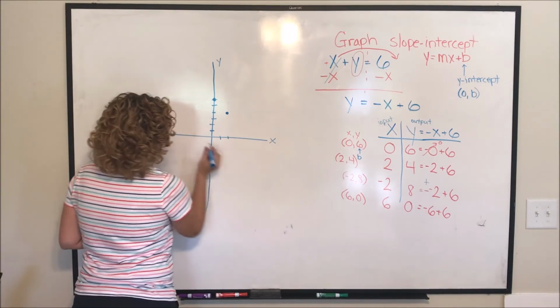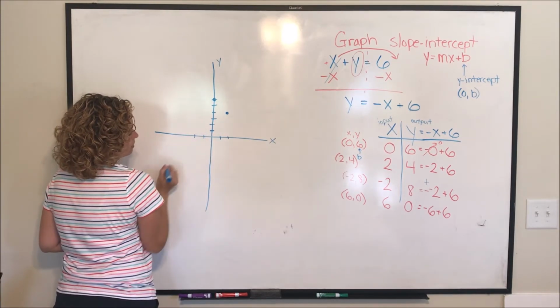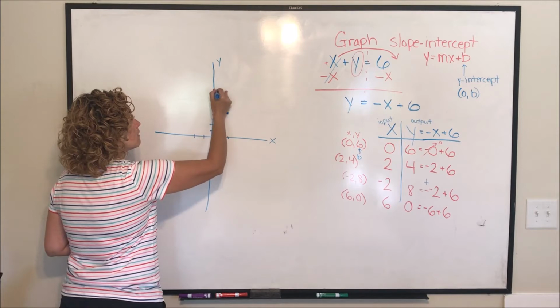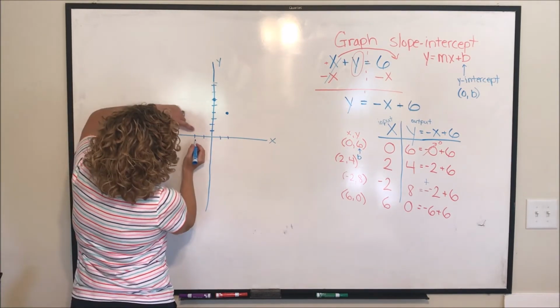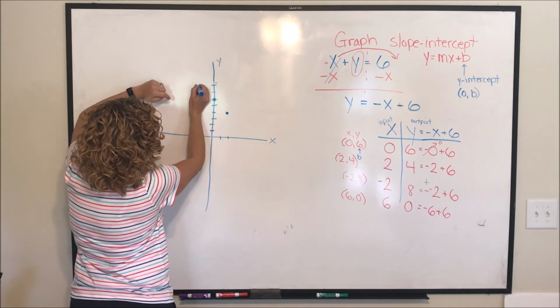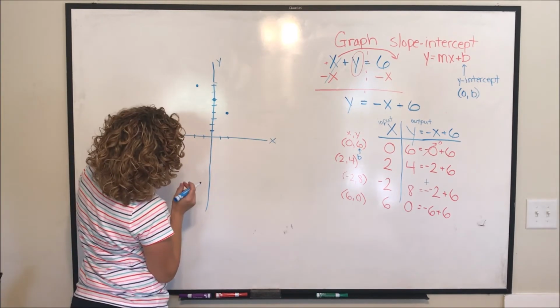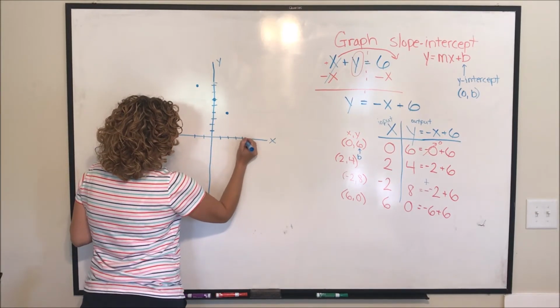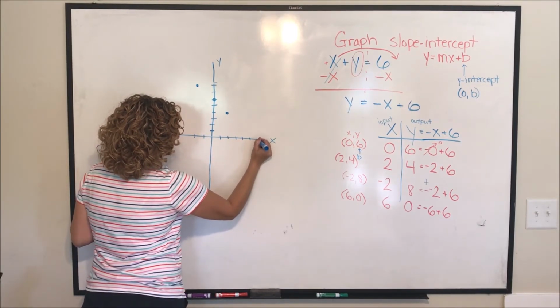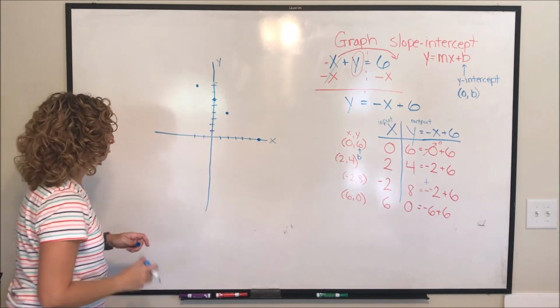So for (-2, 8), -2 in the x direction, 8 in your y direction, which is somewhere around there. For (6, 0), there's 1, 2, 3, 4, 5, 6. 6 in the x and 0 in the y.